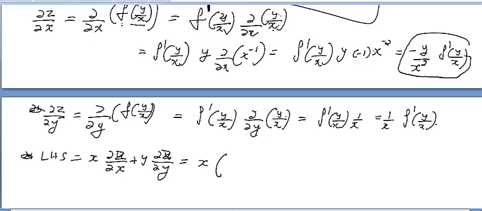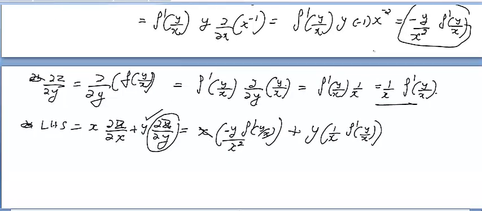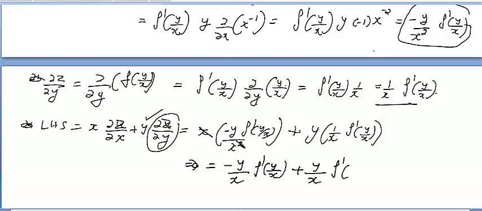So you will put minus y f dash y over x upon x square, plus now the derivative of z with respect to y is this, 1 over x f dash y over x. This x is cancelled with this x, and you are getting minus y over x f dash y over x plus y over x f dash y over x. This is cancelled out and you are getting 0, which is equal to the right hand side.